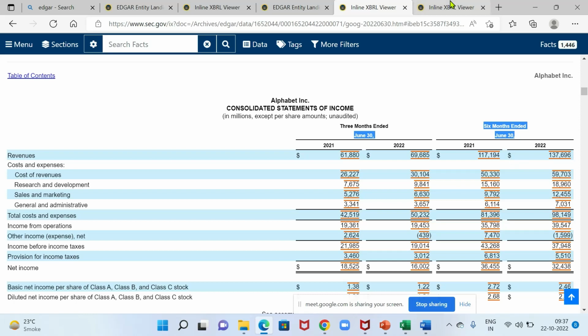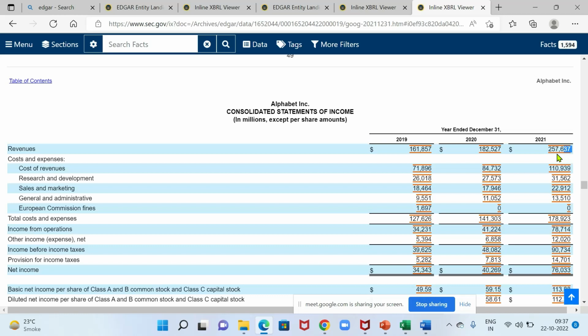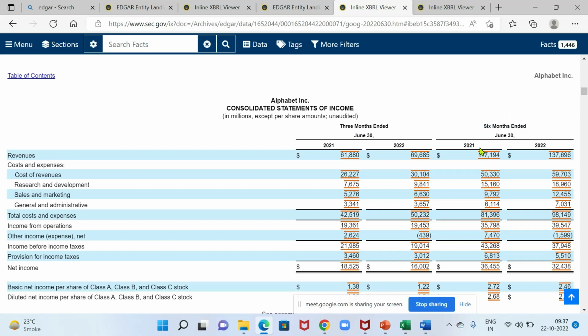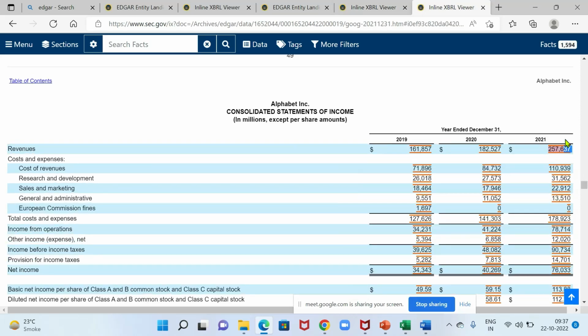So just understand, this 257.6 billion is for the full year, from 1st January 2021 to 31st December 2021. Now this number of 2021, which period is it from? 1st January 2021 to 30th June 2021. So do you think this 117 million will be a part of this?